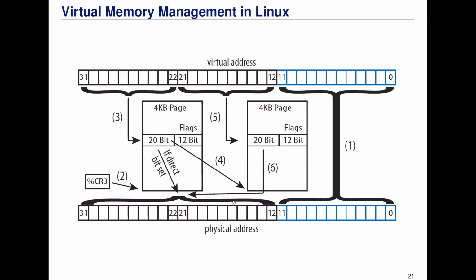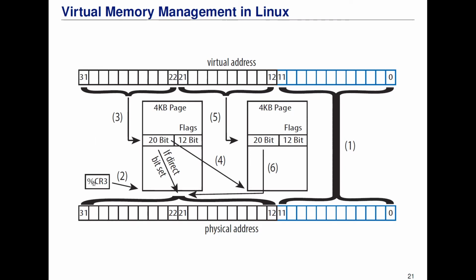I used a 32-bit example. The first 12 bits are easy. It's just one to one because, other than with deduplication, pages are aligned. It means you can pass through the last 12 bits, which is 2 to the power of 12, which is 4096, the page size of the 32-bit system. And then here you have the CR3 register, which maps the virtual to the physical address space.